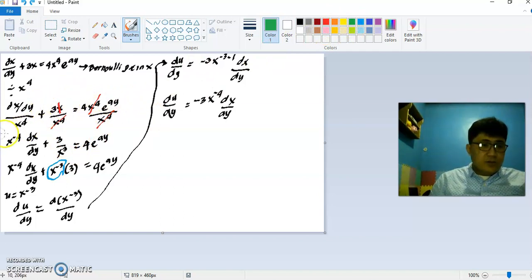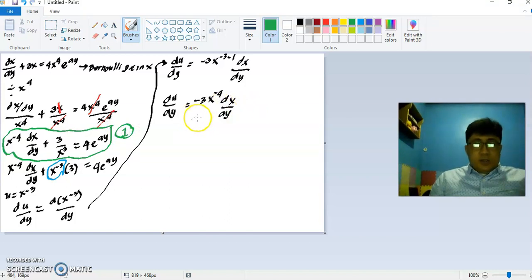So from there, if you could see, you have already this one, which is our target to substitute. So from here we have, say this is our 1. So from there, we transfer this one to the other side. So du over dy over negative 3.